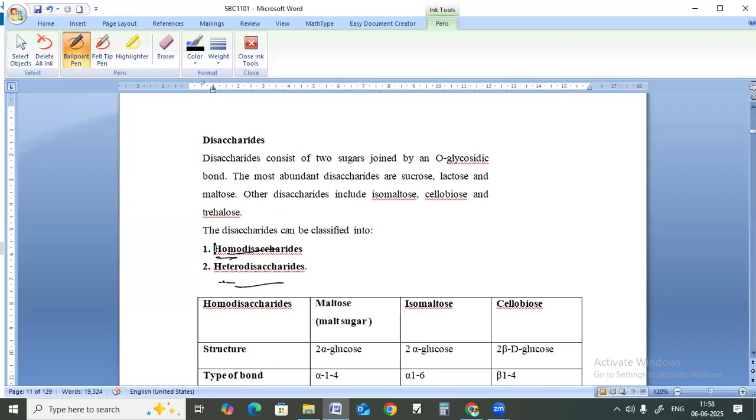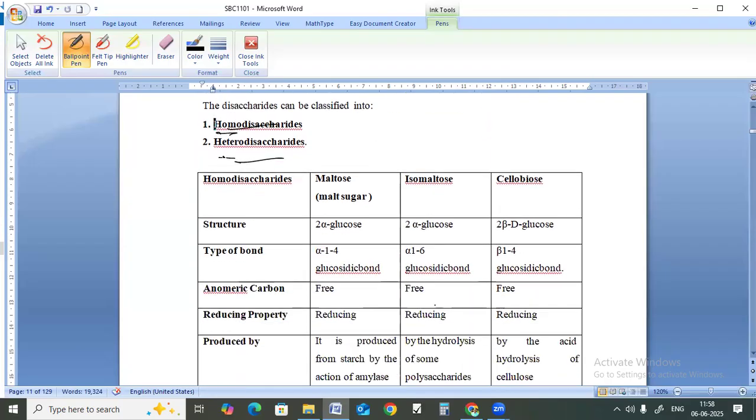And what are the homodisaccharides? Maltose consists of 2 glucose units. Here you have to remember the bond that is formed: alpha-1,4-glycosidic bond.